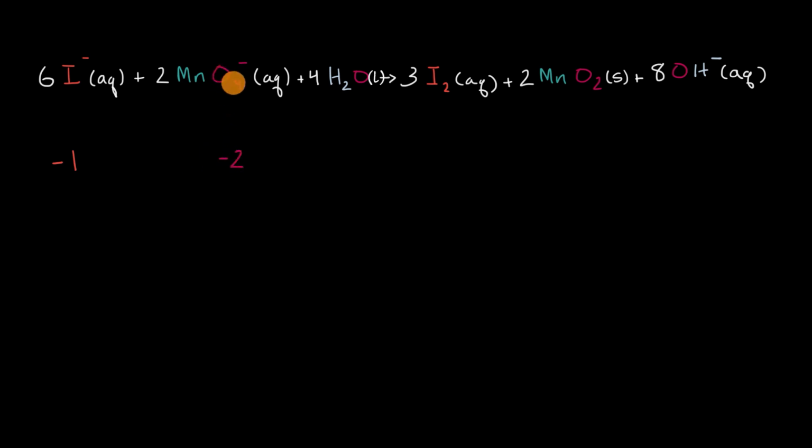And so if each of these 4 oxygens has a hypothetical charge of -2, that would be -8 total, and we see that this entire ion has a -1 charge.